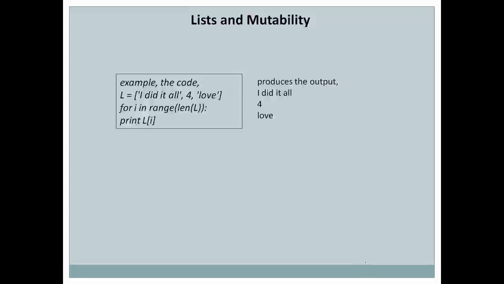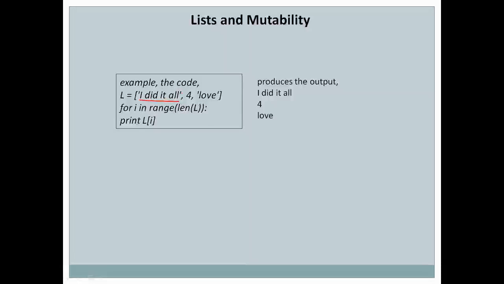So let's see one simple example on list. Here we have declared a list with the name L, and it contains the first value, I did it all, which is of type string.